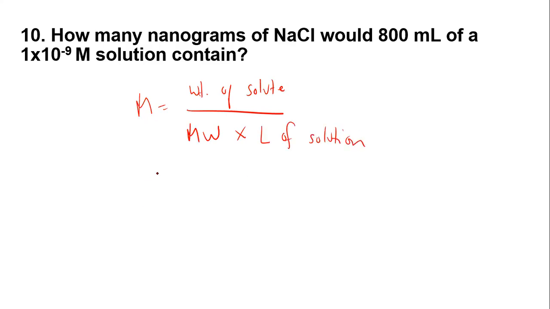Okay, so substitute the values. So 1 times 10 raised to negative 9 molars equals the weight of solute. This is the unknown, divided by the molecular weight. For the molecular weight, sodium is 23, chlorine is 35.45.